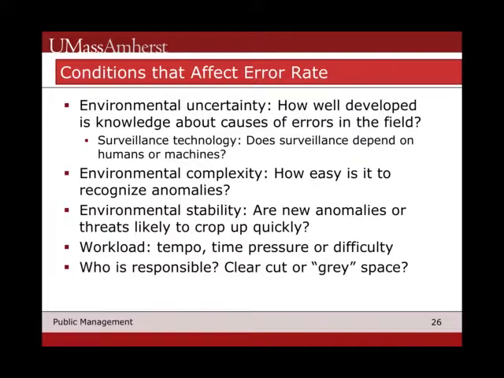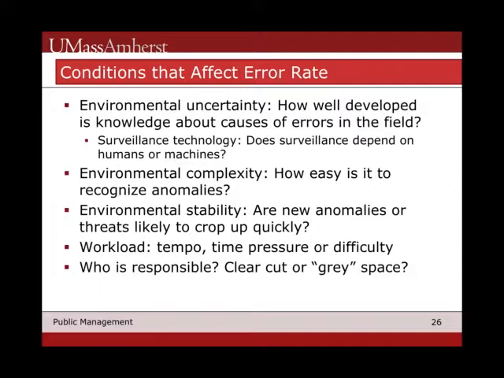So you could imagine when you're dealing with planes, for example, it may be that environmental uncertainty is low, i.e. we have a pretty good idea of what makes planes crash, relatively speaking, and we can also surveil that pretty well. But stability might be fairly low, as in weather can change quite quickly.